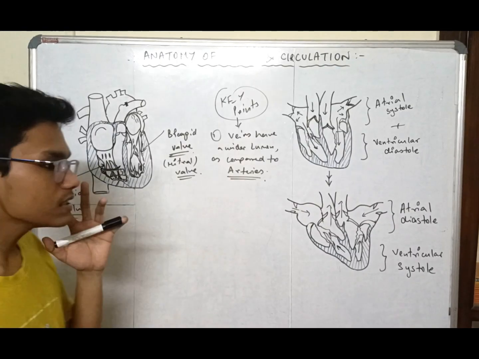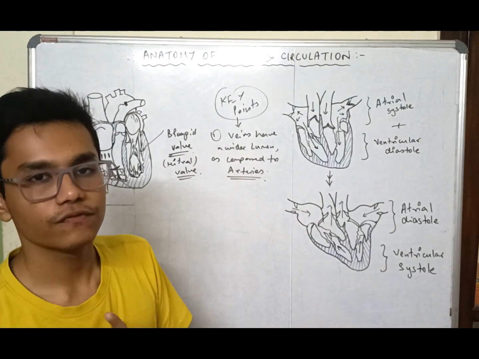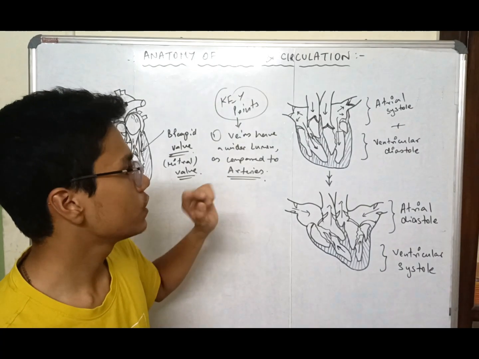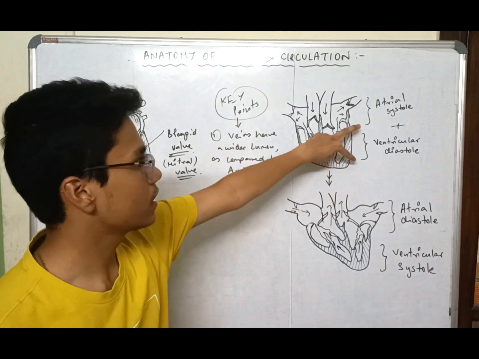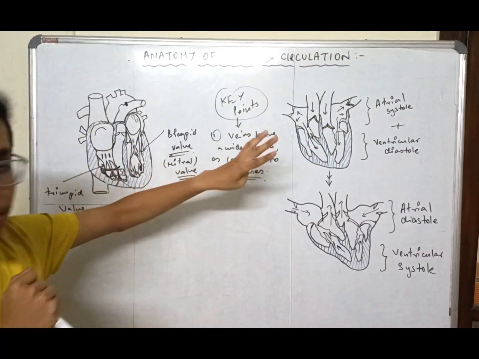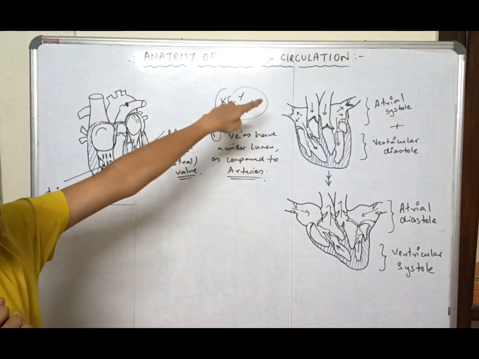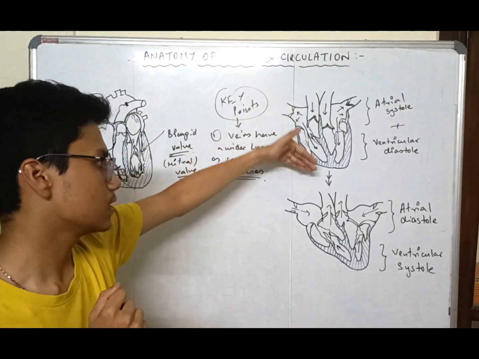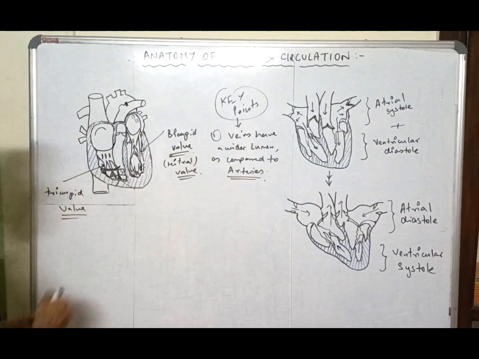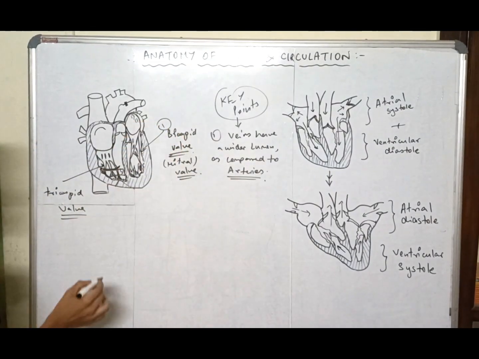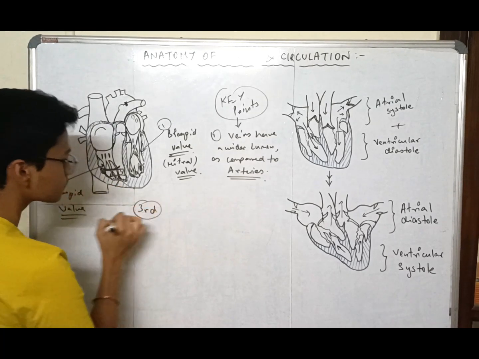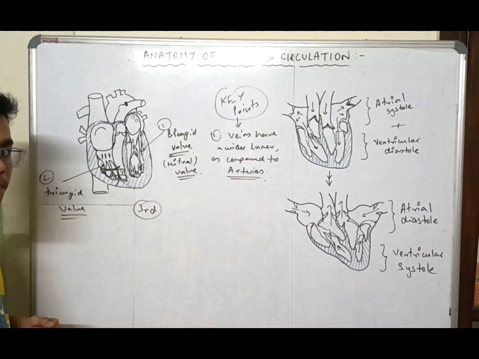The simultaneous opening and closing of 4 major valves give rise to the flow of blood to the lungs and to the tissues under these 2 conditions. I am repeating it again. 4 major valves are responsible for the blood flow towards the lungs and the tissues. One is the bicuspid valve, second the tricuspid valve, third, can you guess it?